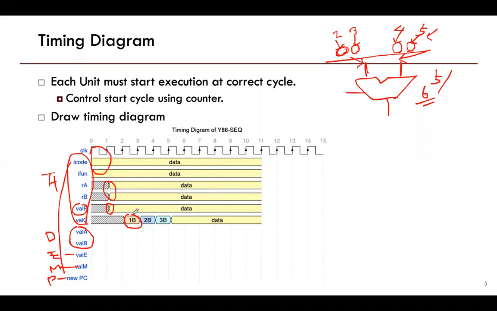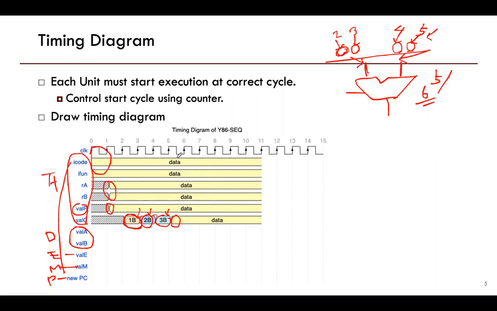So after one cycle, we read the first byte of val_c, and then next cycle we read the second byte of val_c, and then next cycle we read the third byte, and then next cycle we read the fourth byte of val_c, and then finally we have valid data. Okay.